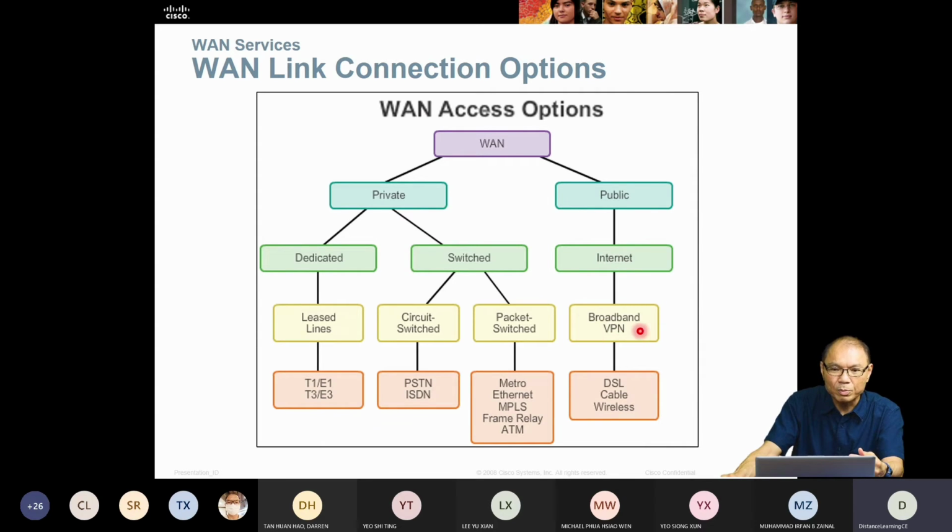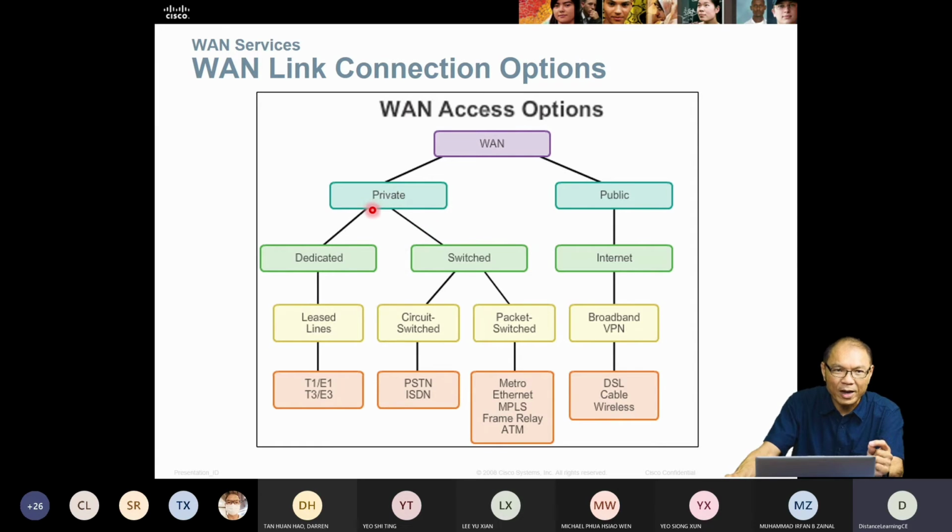Okay, broadband, or we use VPN. And the technology that we've been using so far is either wireless, like your phone, or your TV, or your DSL. Today they didn't put another one called fiber. Okay, fiber networks.